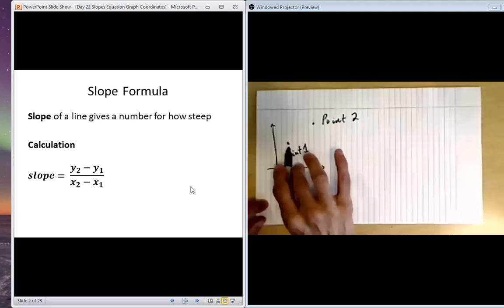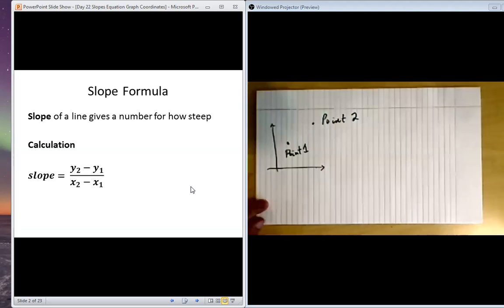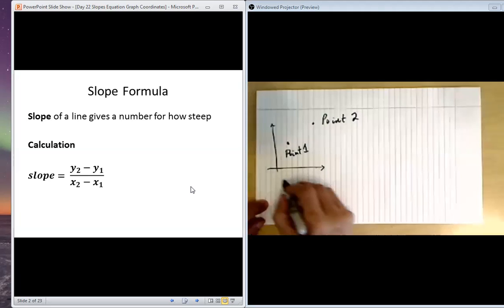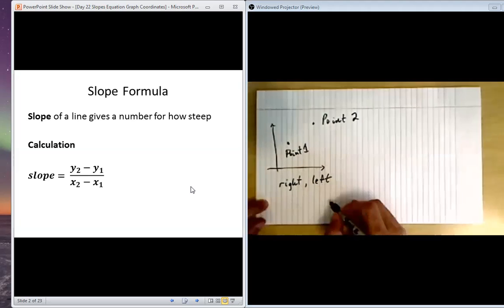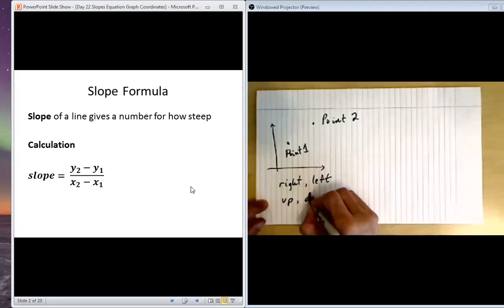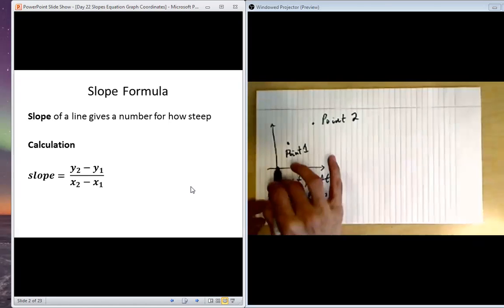This point has a location on the graph. We say if it goes to the right or to the left. And then we also say if it goes up or if it goes down from the origin there.